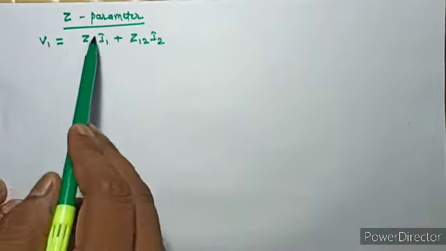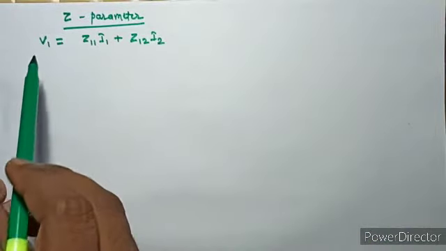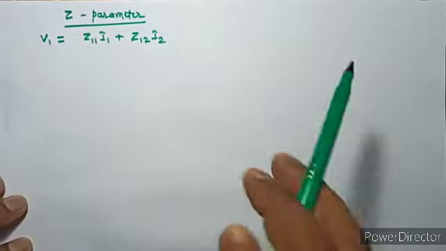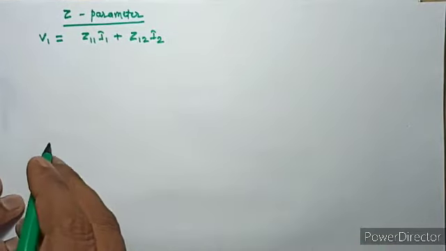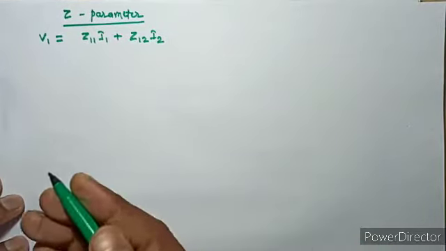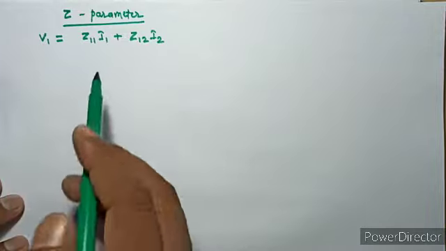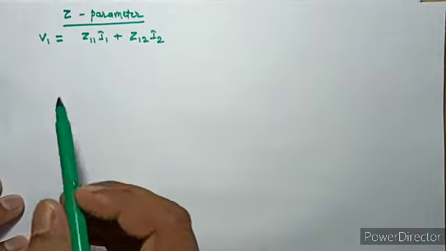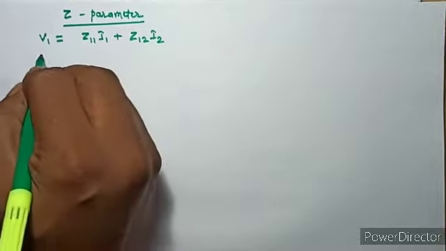Meaning in this set of parameters, the port voltages V1 and V2 will be the dependent variables, and the port currents I1 and I2 will be the independent variables.